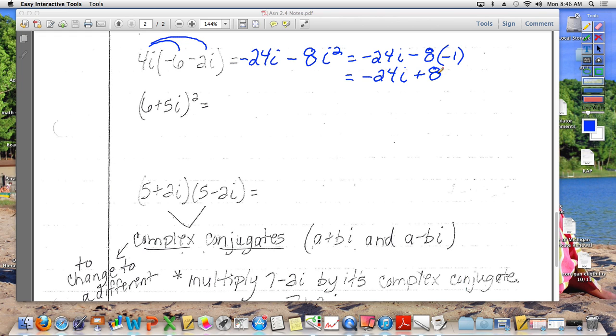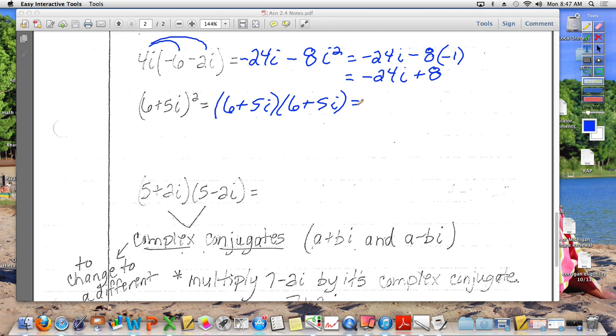All right, 6 plus 5i, squared. 6 plus 5i squared means 6 plus 5i times 6 plus 5i. Are you okay with that? Should be okay, yeah.